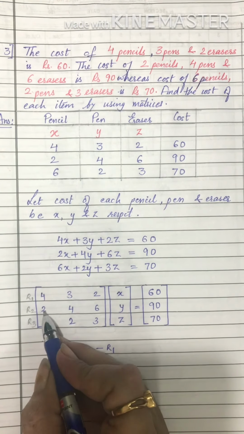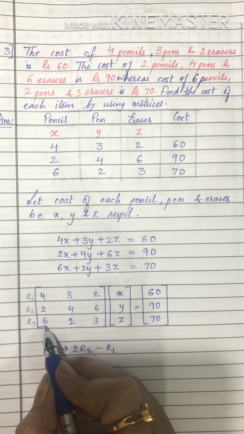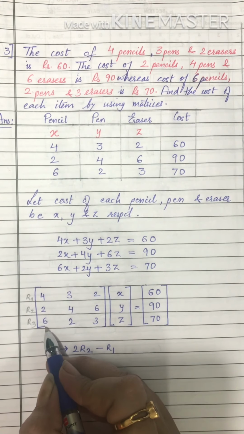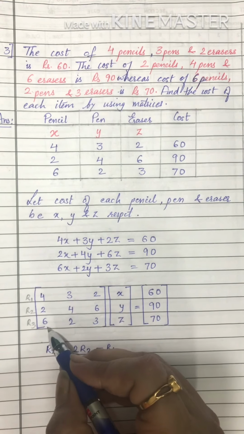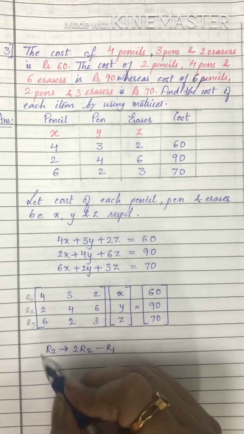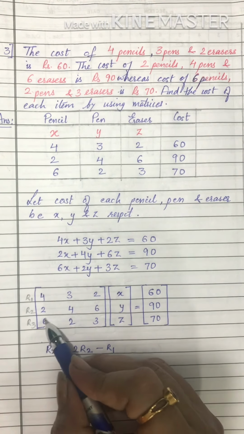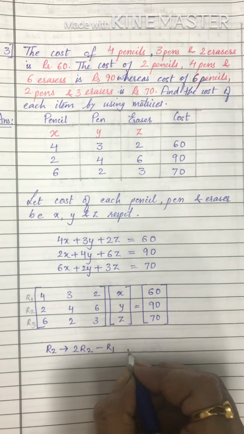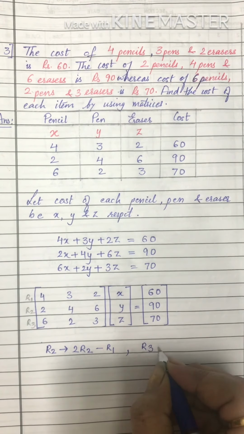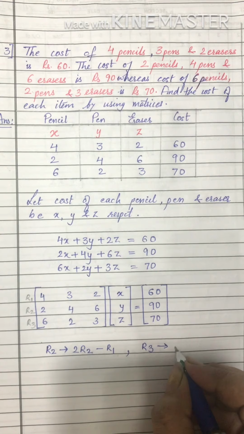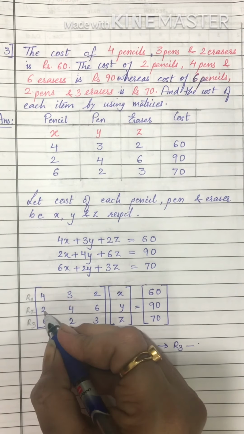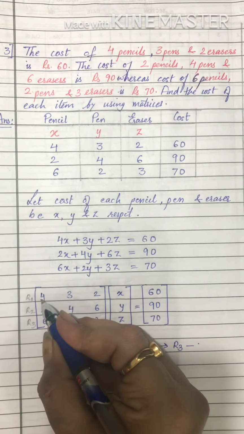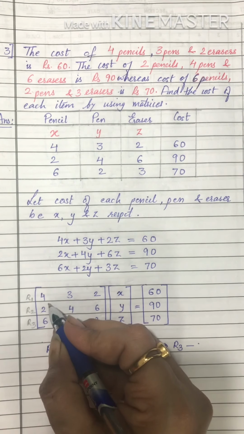And then for R3, we could use R2, but R2 is going to change here, so let's think of something with R3 itself. In R3 we can use R3 minus 3 upon 2 into R1.